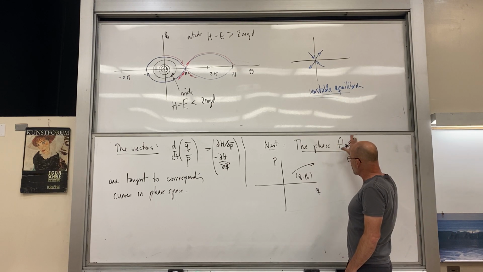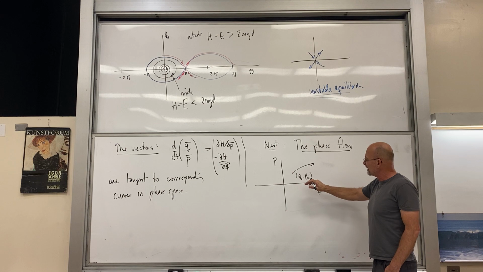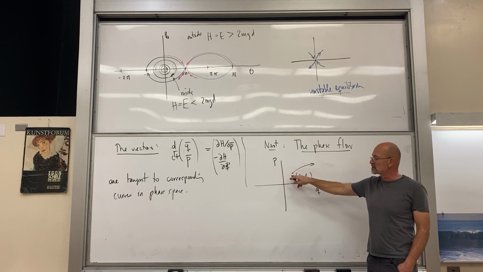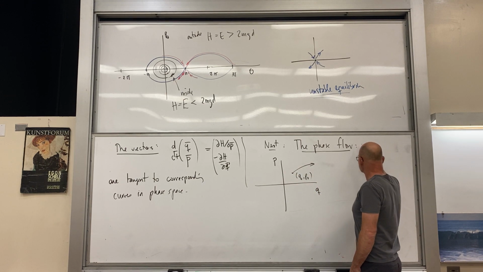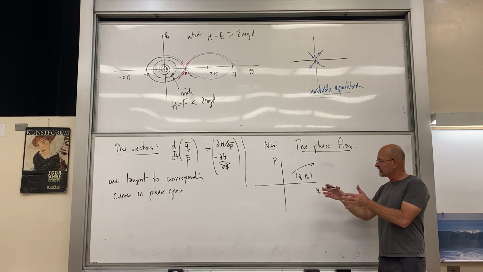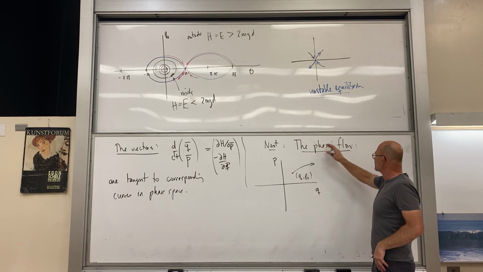So the phase flow is the motion of a system that corresponds to that initial condition. So it's the solution. We're discussing it as though we know the solution. Okay. Phase flow.